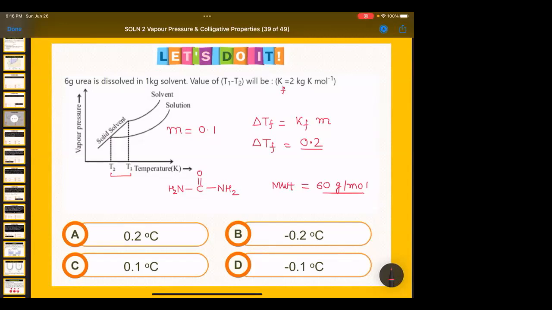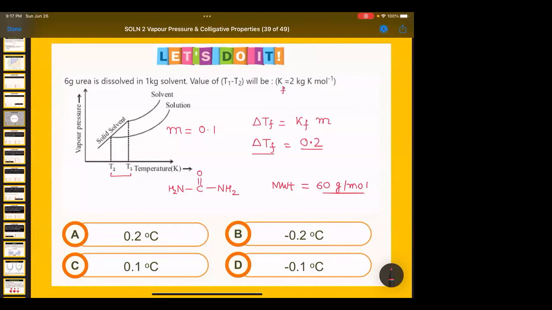So let's move to the next question. Let's discuss it. The depression is 0.2, but you need to know what is asked. This is delta Tf, but are they asking T1 minus T2 or T2 minus T1? Accordingly, you need to answer.